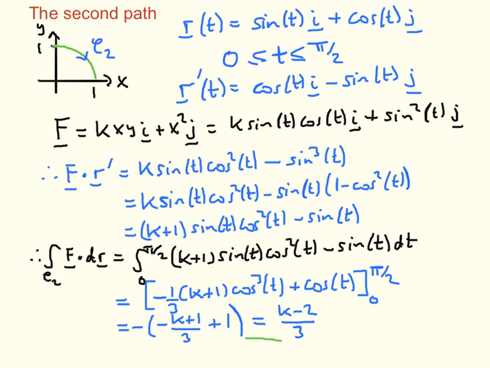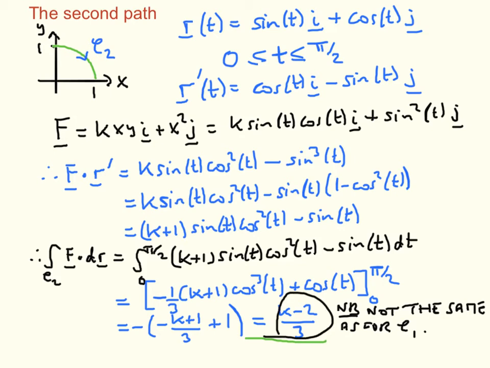So this is our answer for the second path, and we notice that this is not the same as for the line integral over the first path that I called C1. But if we look at this, we see that this result vanishes when kappa is equal to 2.